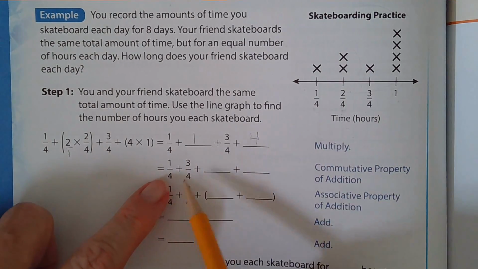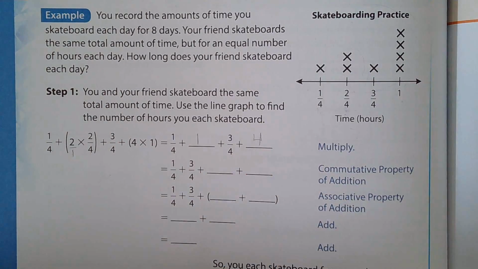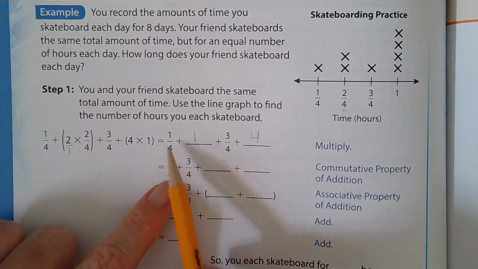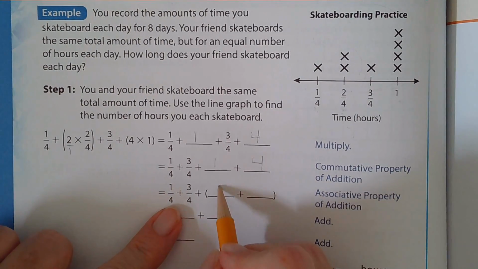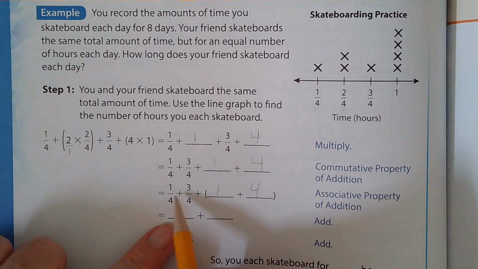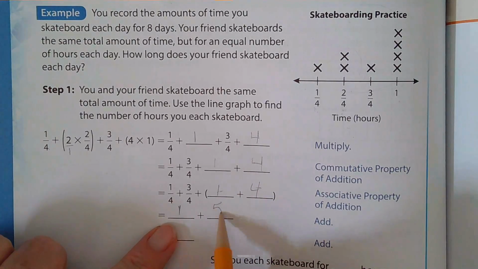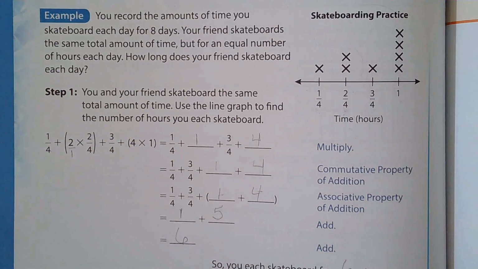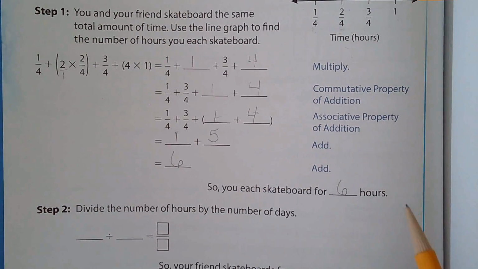Now we're going to rearrange it. A commutative property means we can rearrange these addends and it doesn't matter. We're taking our fractions, putting them first. 1/4 plus 3/4 plus 1 plus 4. What's 1/4 plus 3/4? That's 4/4, which equals 1. What's 1 plus 4? 5. So we have a total of 6 hours that this person has skateboarded.